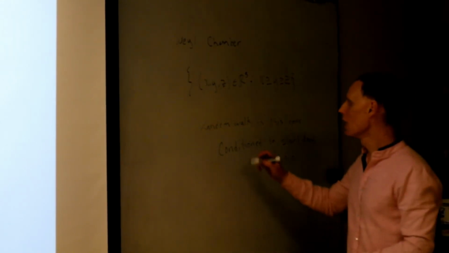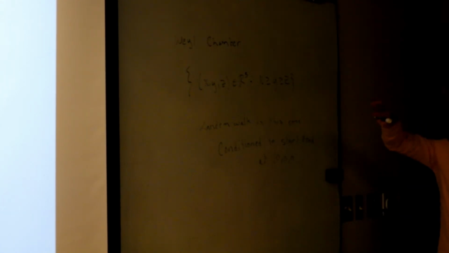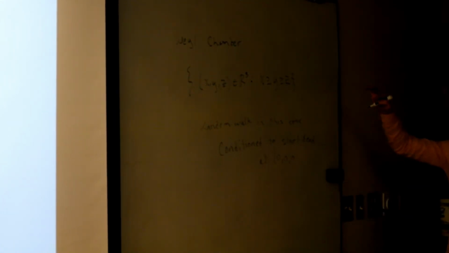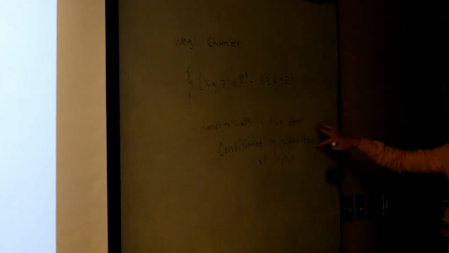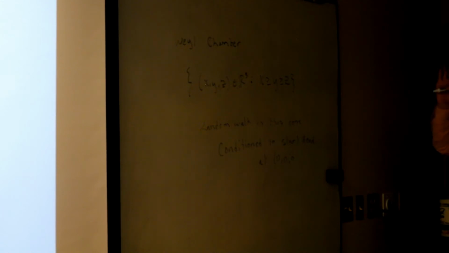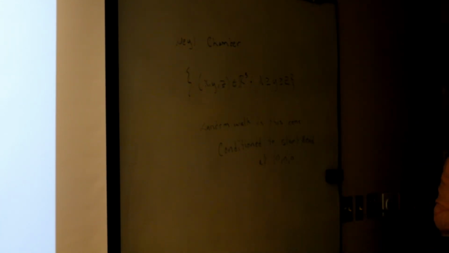And if I throw in the condition that I want this to be on the subspace where x plus y plus z is equal to 0, then I will get that the limit of this is traceless Dyson Brownian motion, that eigenvalue process we described over there.